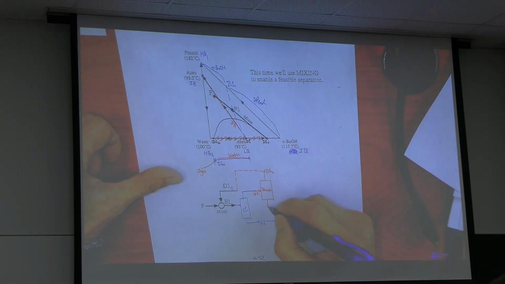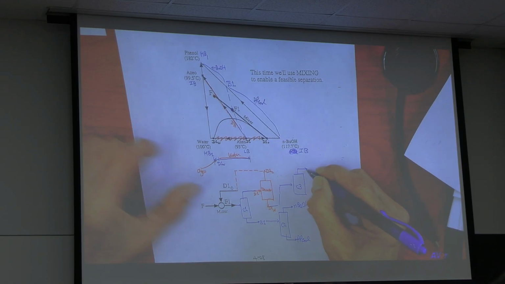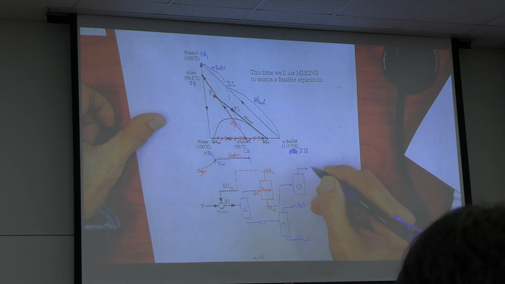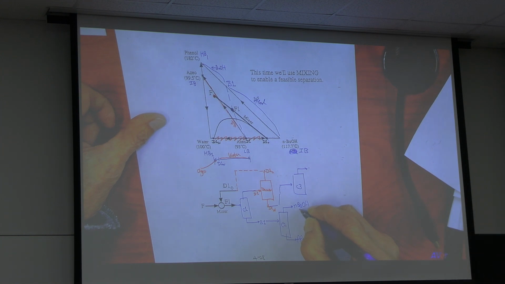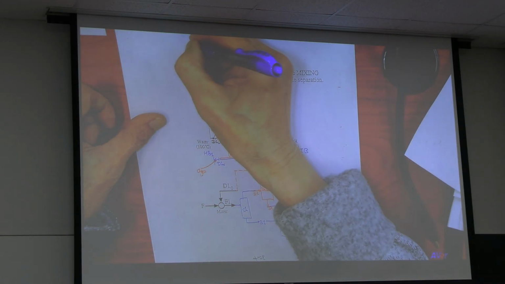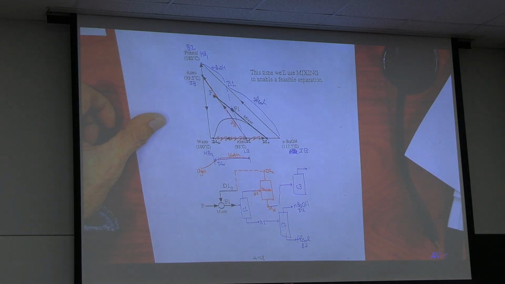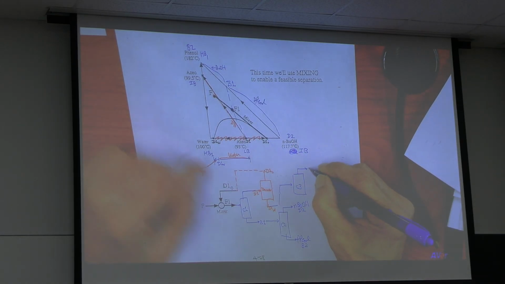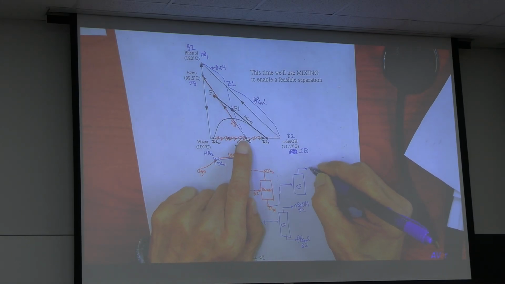So, another column. Over here, D1. You can call that B1, D2, B2. And this over here, azeotrope.